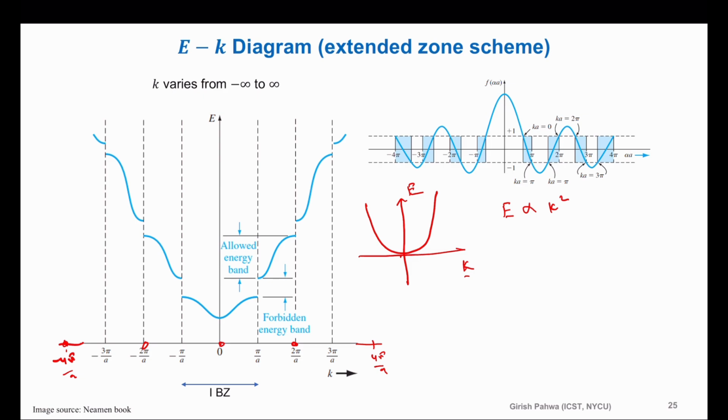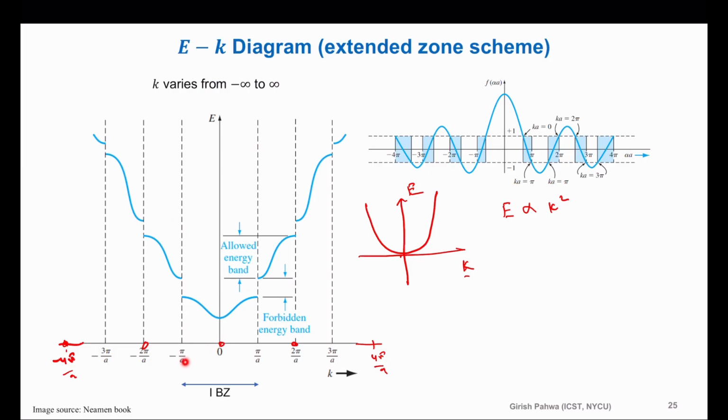And look at the first nearest neighbor, this and this. You draw these two perpendicular bisectors. These are called Bragg planes, if you remember. In the crystal lattice, I told you these perpendiculars are also called Bragg planes, because this is actually important in the diffraction theory also.